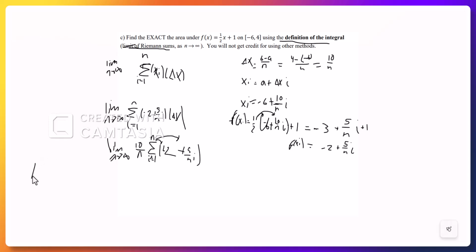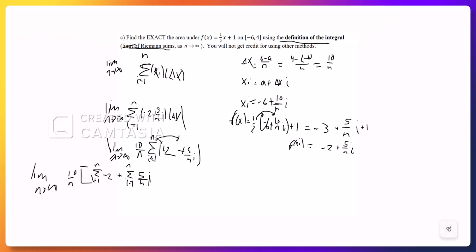So the limit as n approaches infinity, 10 over n will be multiplied by the sum of -2 plus the sum from i equals 1 to n of 5 over n times i.